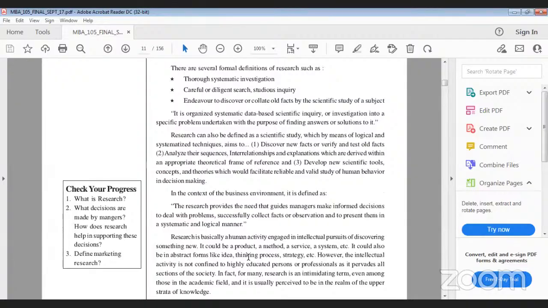Second, research is basically a human activity, an individual process of discovering something new. It could be products, methods, a service, a system, etc.